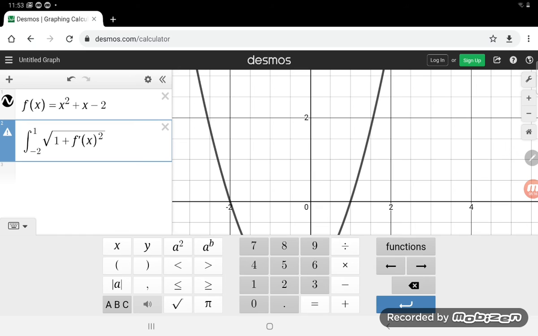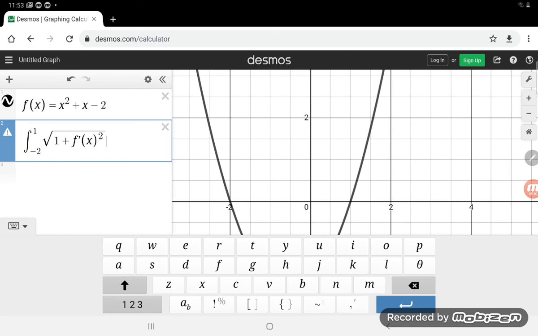I think that'll do it. And come out there and do a dx. And 5.6. So yeah, looks about right. Something bigger than 5, 5.6. So there we have it. And that is number 18.